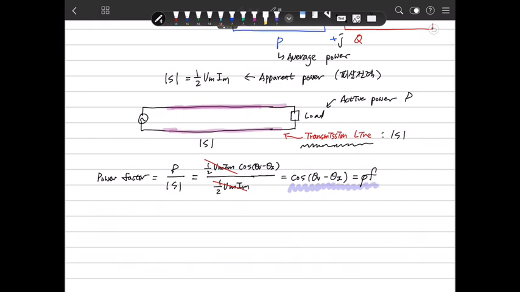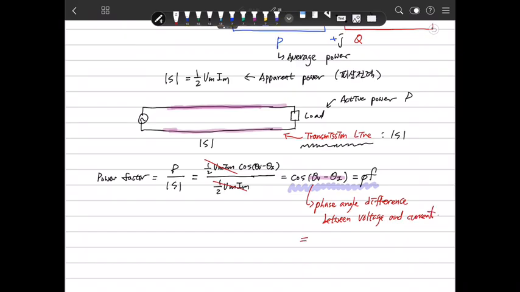Know that theta V minus theta I means the phase angle difference between voltage and current.